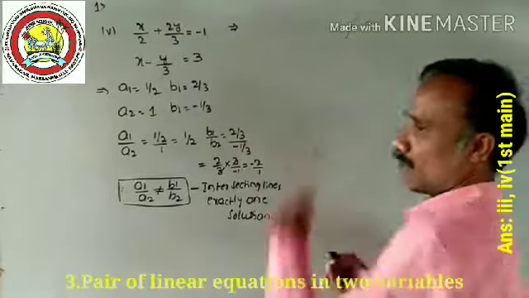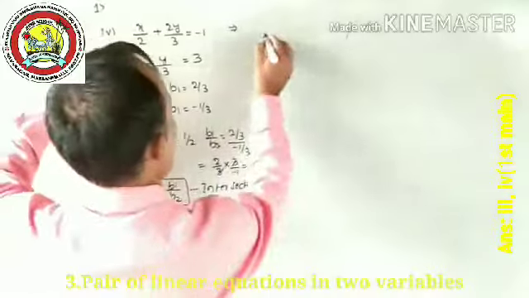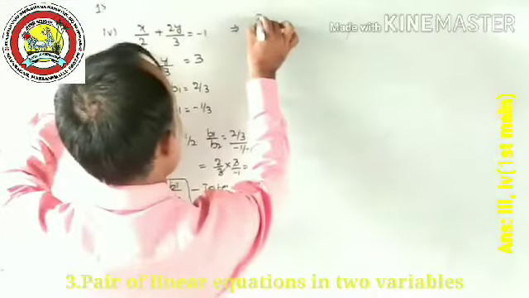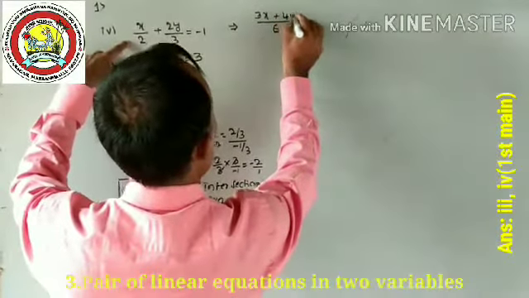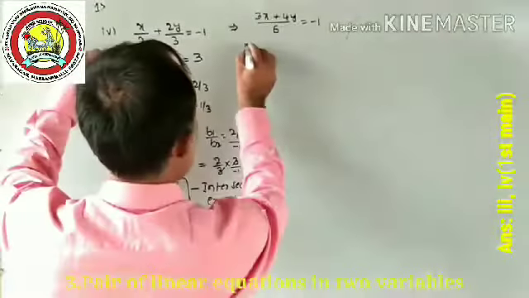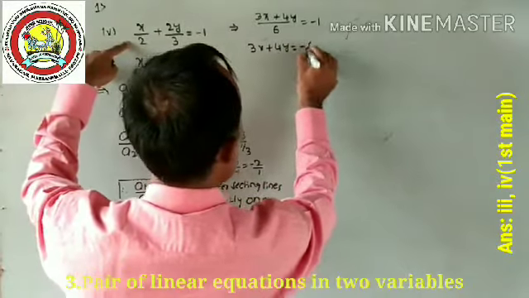Now convert these two equations into the form a1x plus b1y plus c1 is equal to 0, and a2x plus b2y plus c2 is equal to 0. Let's take the LCM, 6: 2 threes are 6, so 3x, and 3 twos are 6, so 2 into 2 is 4y, is equal to minus 6. So 3x plus 4y is equal to minus 6.